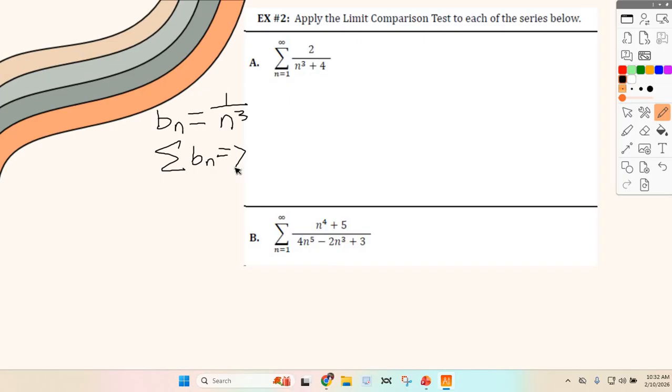So could we have used our direct comparison if we wanted to? Yes. Okay, that's all I was getting at, that we technically could have used our other one.